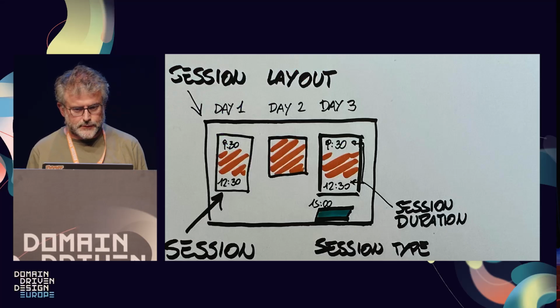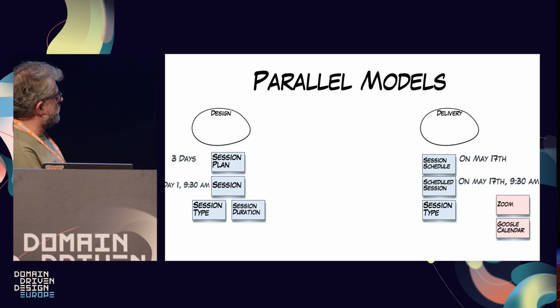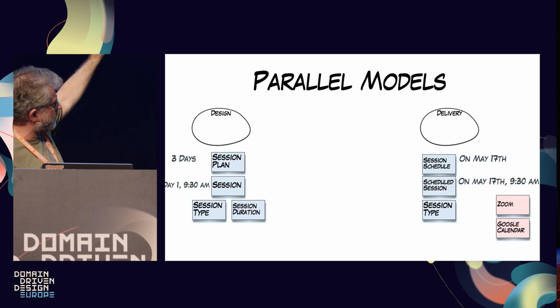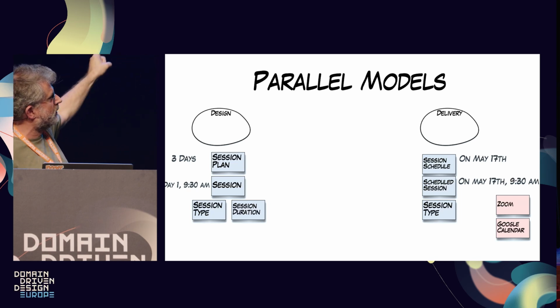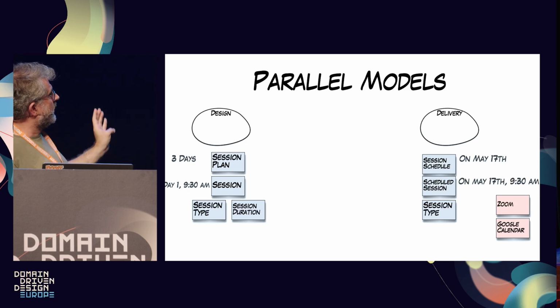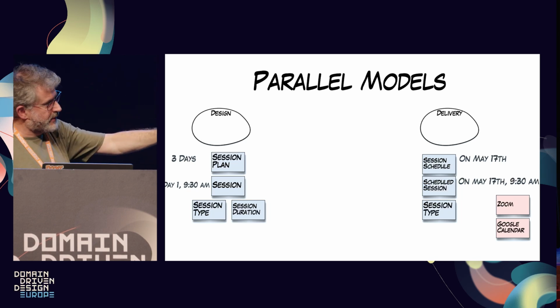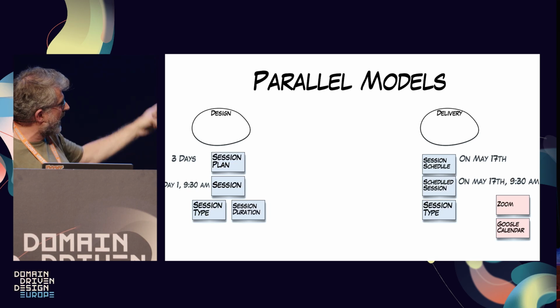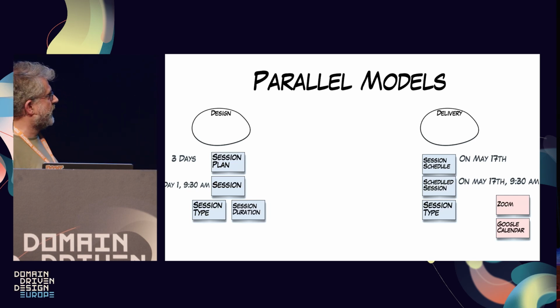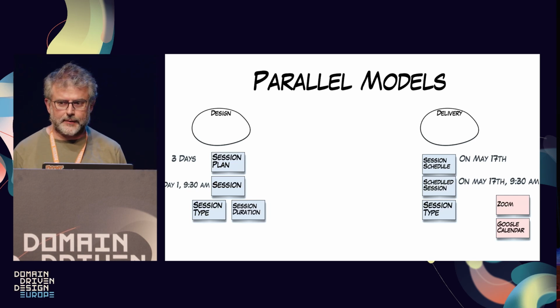And the thing that was interesting is it led us to 2 parallel models, because on the design side we wanted a structure that was not related to a date, and on the delivery side we wanted a fixed date, so the sessions were happening on a specific day at a specific time, so that we could also make a Google Calendar invitation, a Zoom call scheduling, and everything like this.